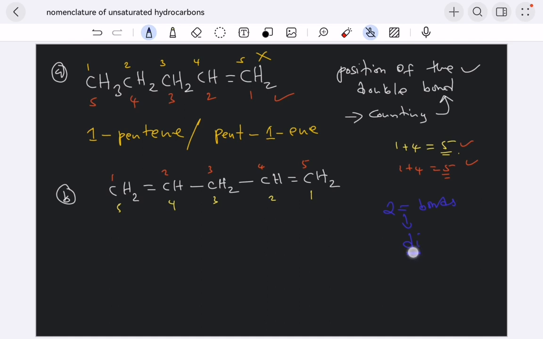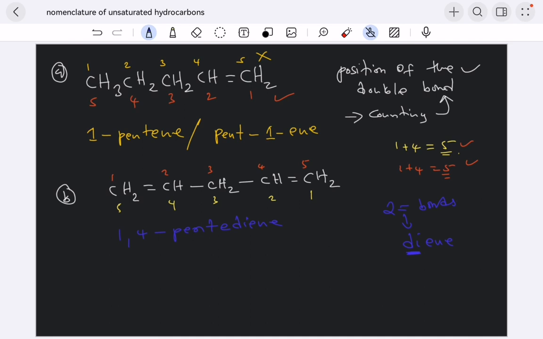So we have to consider this di and then ene. So this is going to be written as 1,4-pentadiene.